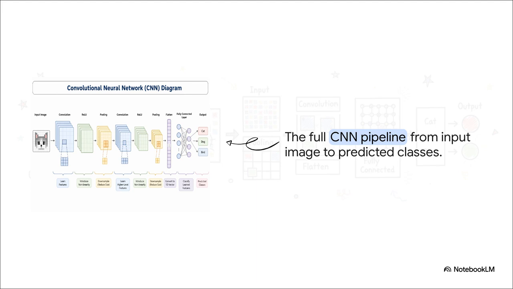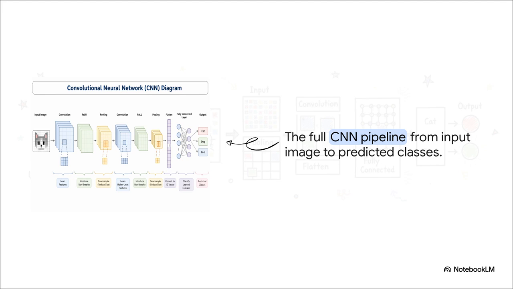Next up, it goes through a pooling layer to downsample and reduce the size. Notice how those blue and green grids start getting smaller and smaller as they move to the right? We just repeat this process, more convolution, more ReLU, more pooling, to learn higher and higher level features. Finally, near the right side, the data flattens out into a 1D vector, feeds into a fully connected layer, and makes its final predicted classification.